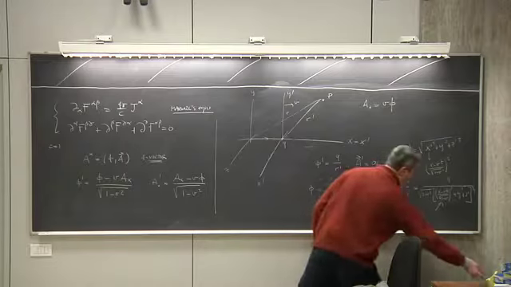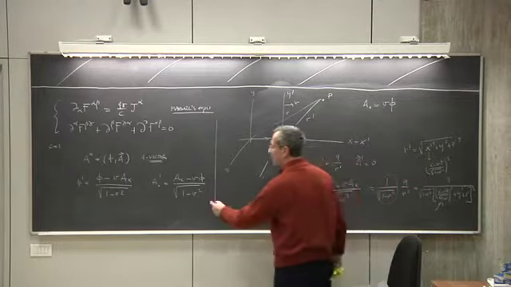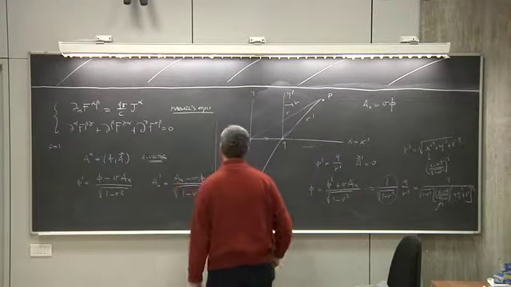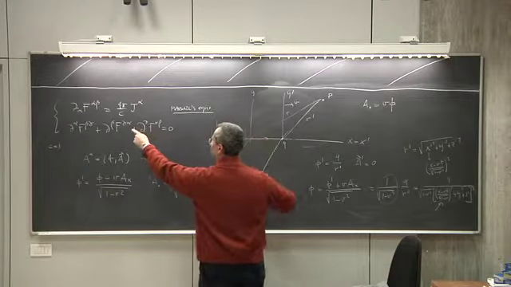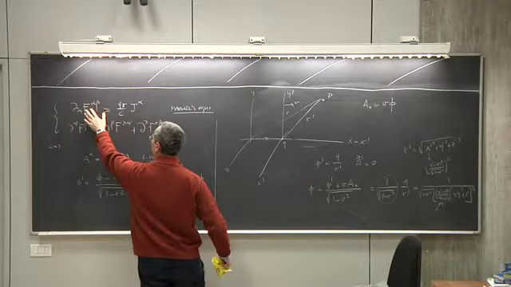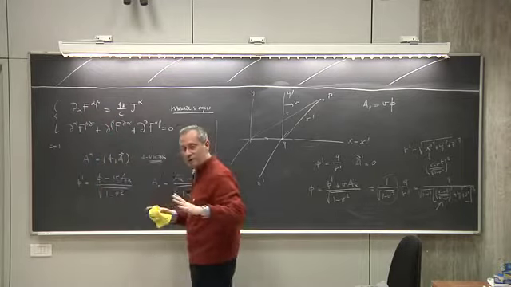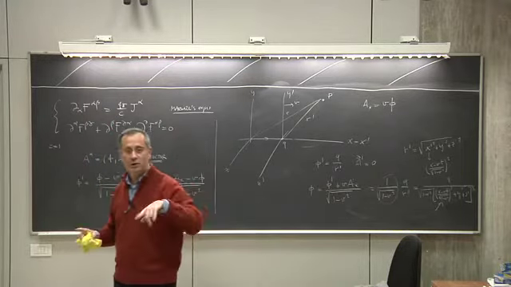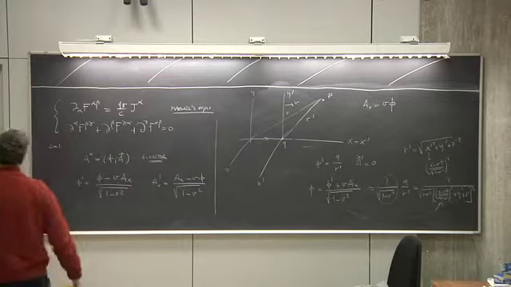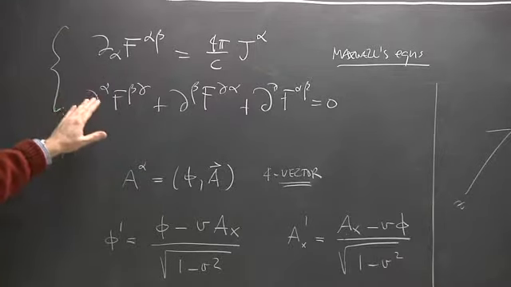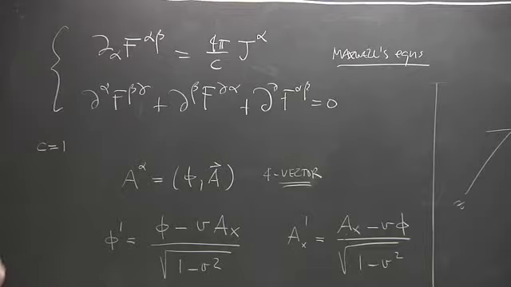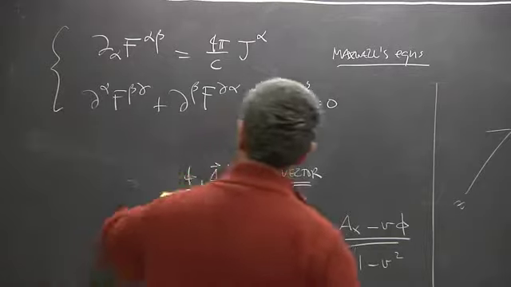So this is the transformation law for the potentials. How about the field strengths? We saw that this F alpha beta, which is called the field strength, is a 4x4 antisymmetric matrix, the 6 independent components of which are the 3 plus 3 components of the electric and the magnetic field.